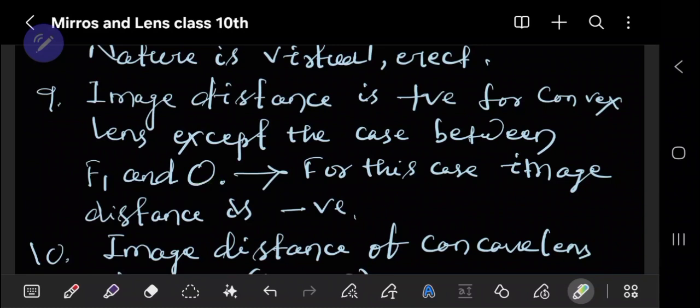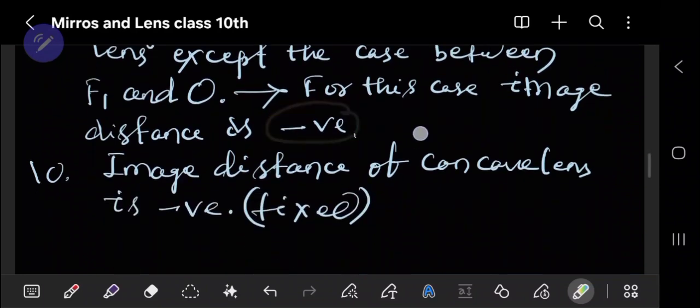Because for convex lens also, there are 6 conditions. Out of 6 conditions, the last condition is particularly between the focus 1 and optical center. Clear? The remaining 5 conditions will have positive image distance. Clear? And for this particular condition, the last condition, the image distance is negative.